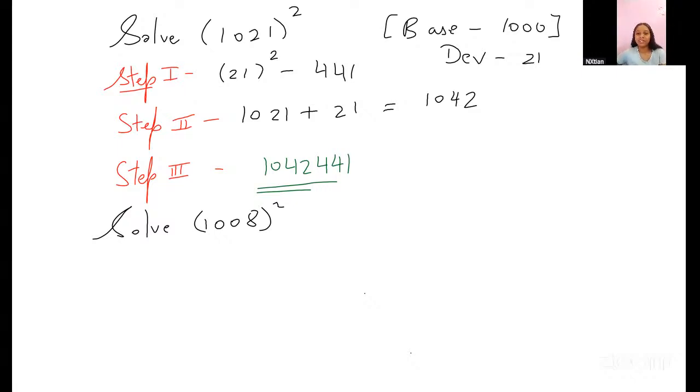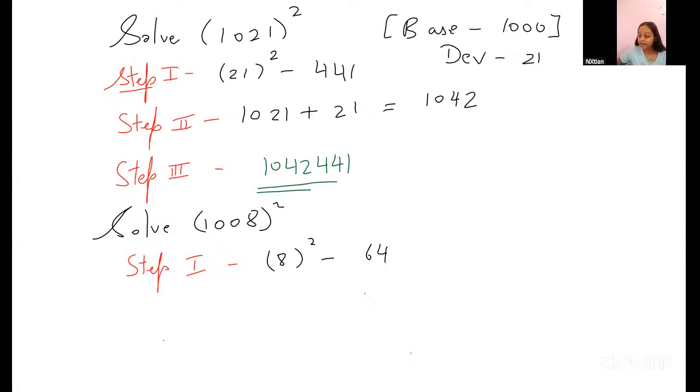One thing needs to be done as an additional step. What is it? Should there be a 0 in between 64 and 6? Yes, perfectly right, Simeon. Now when we are doing the square of the deviation, what is the deviation? 8. So 8 square we are doing, we'll get 64.